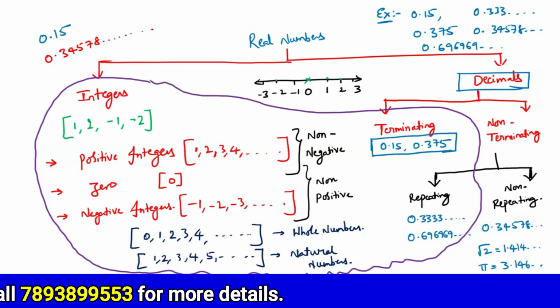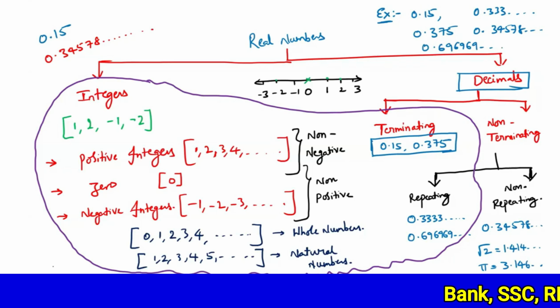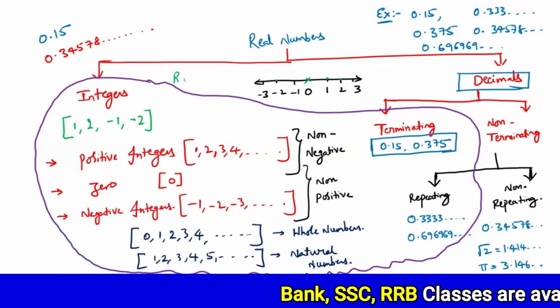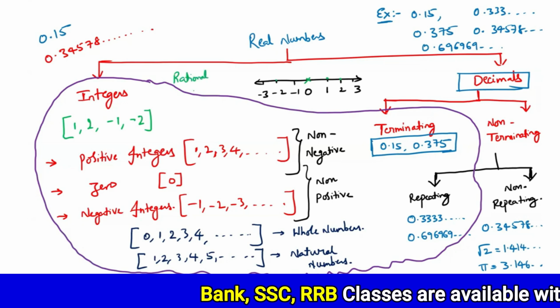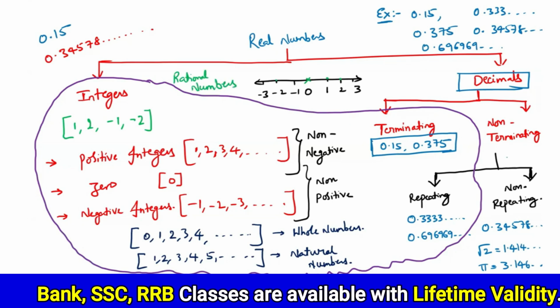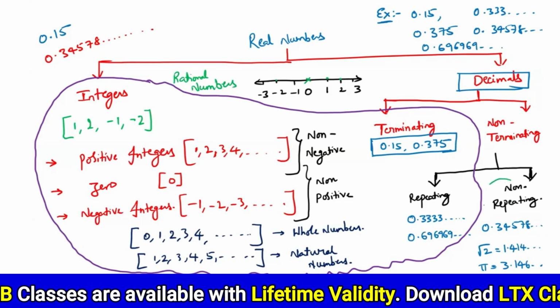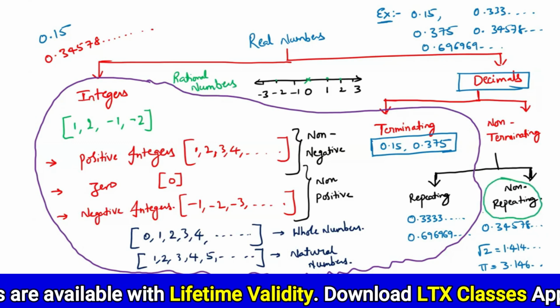I'm circling them. Yes, terminating and repeating also. So the circled part, or the closed figure part, will be represented as rational numbers. And this one, non-terminating, non-repeating, will be considered as irrational numbers. All these things will be considered as irrational numbers.